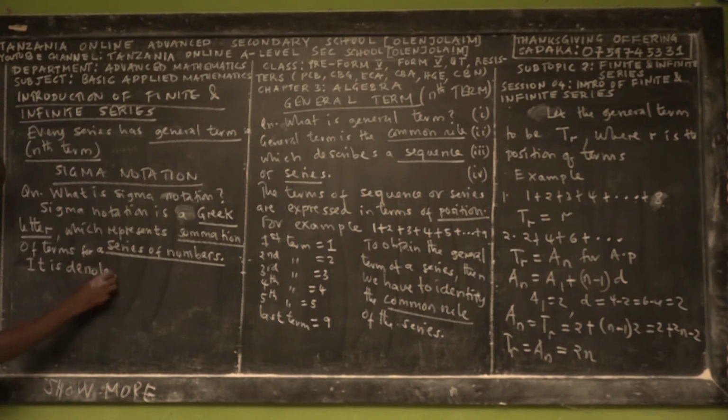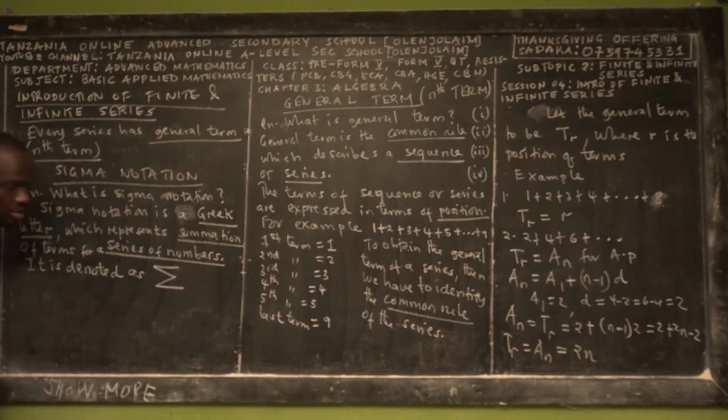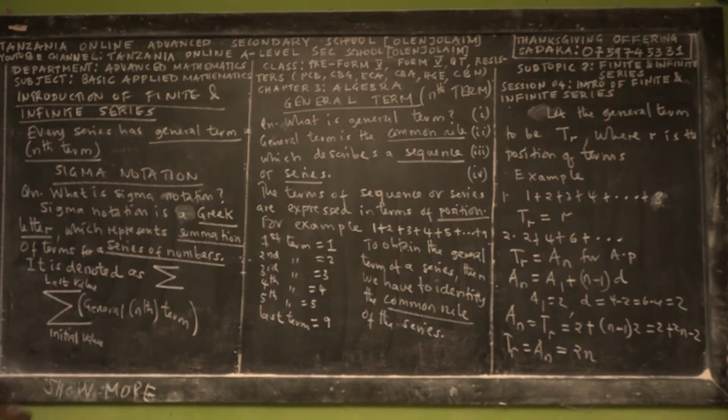So sigma notation is denoted as this. If you want to present the series, here we have the initial value of the series, here the last value of the series, and here the general term or nth term.